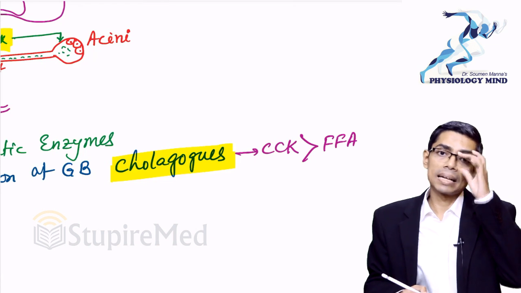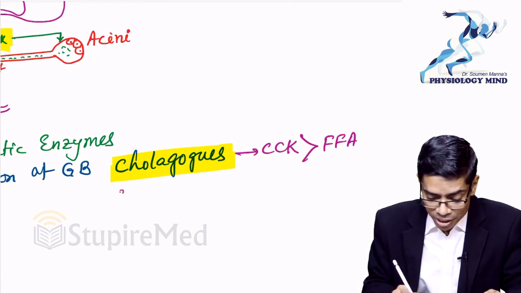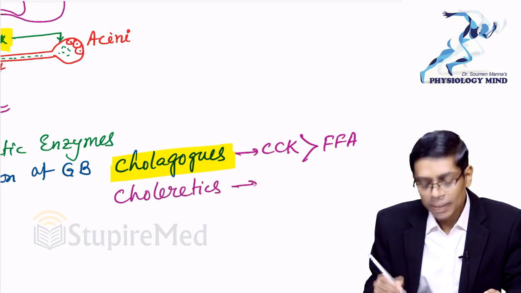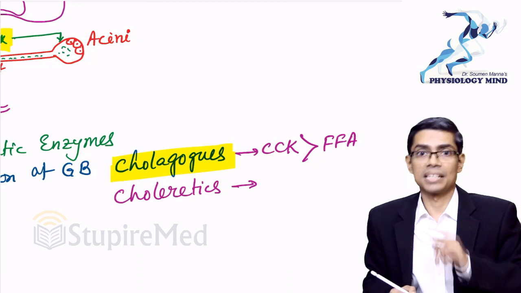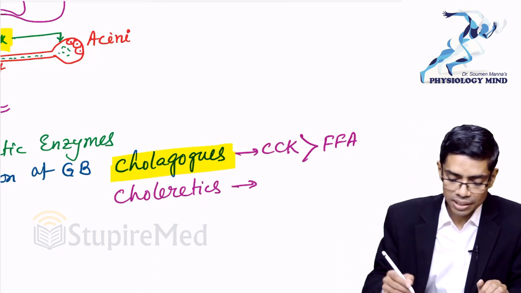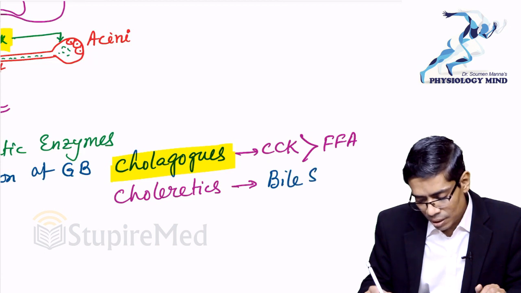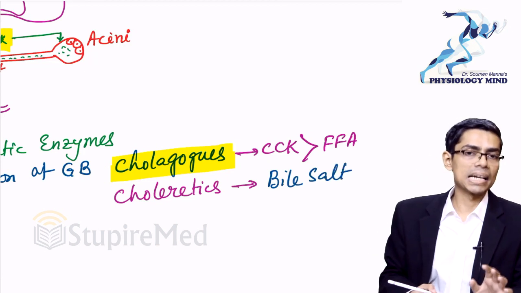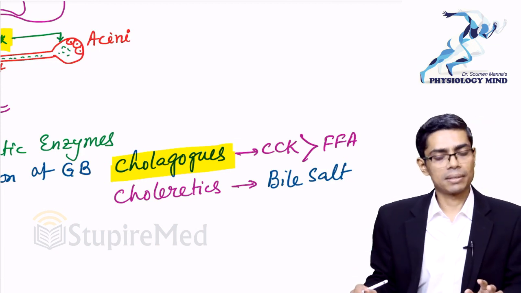Similarly, you also remember another similar sounding substances, which are choleretics. Any substances which increase bile secretion are choleretics. Bile salts are the most potent choleretics, right.